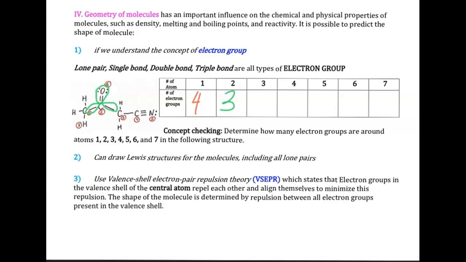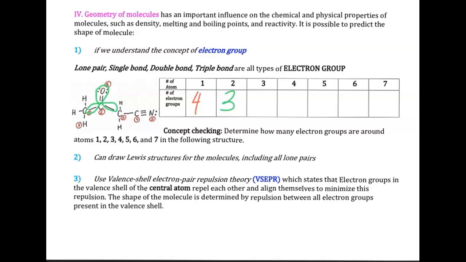That's why there are 3 electron groups around carbon number 2. You can think about electron groups like an area where electrons are concentrated. So we have one bonding pair on the left, one on the right, and then the double bond right here creates a third one.